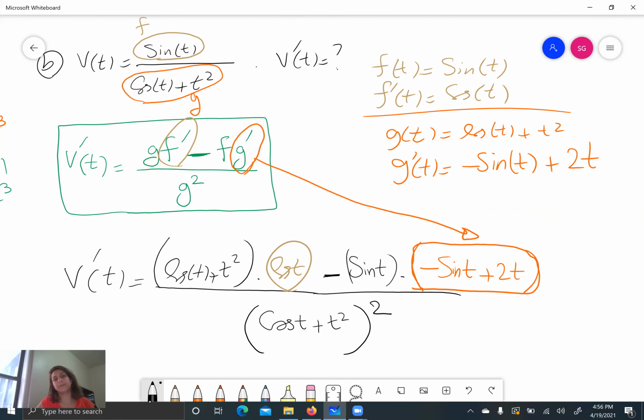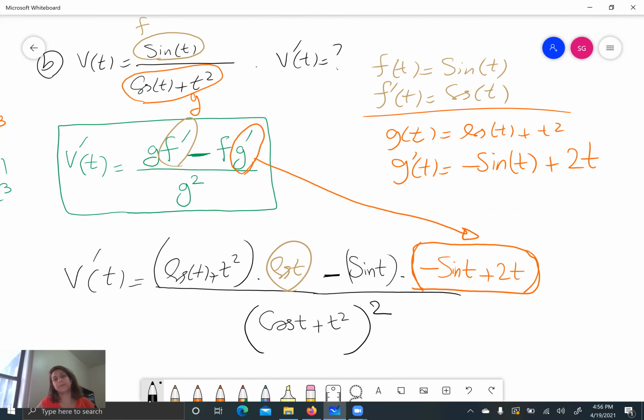Now, recall that every time that we need to take the derivative, we first need to identify the format of this function. Pay attention that here we have this part, which is a product.